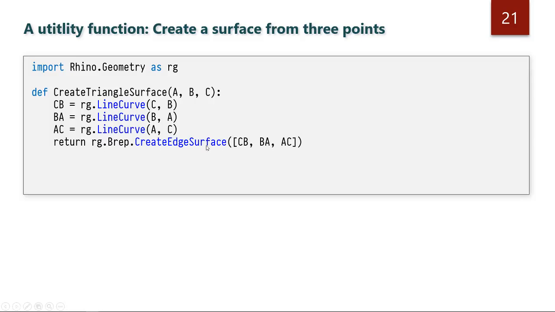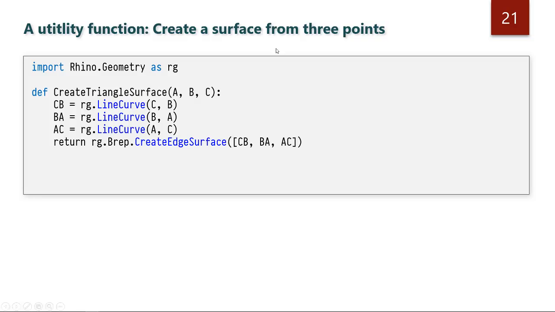So CreateEdgeSurface is a static function of the Brep data type, or the Brep class. Now the CreateEdgeSurface will take in a list of 3 or 4 curves, and it will try to make a surface between the 3 or 4 closed curves. All right, here we have 3 closed curves. They just happen to be line curves, but remember they are still curves.